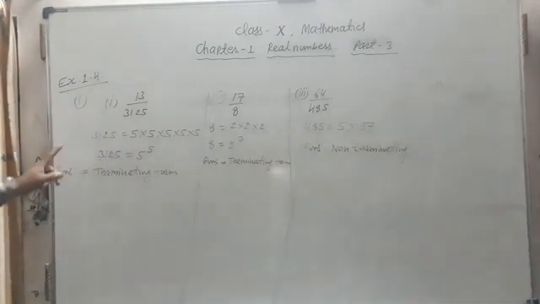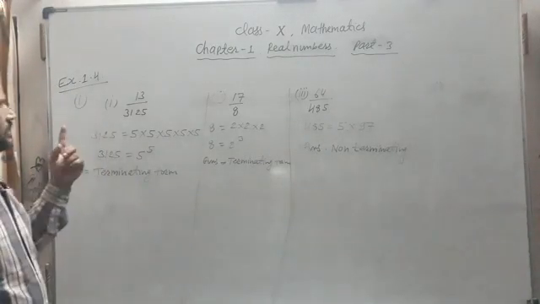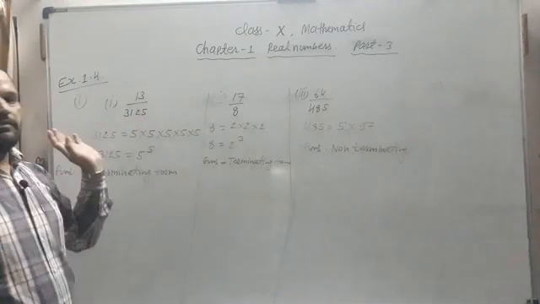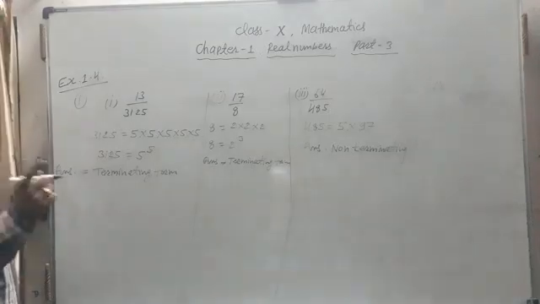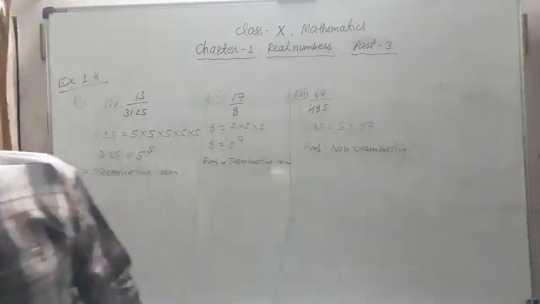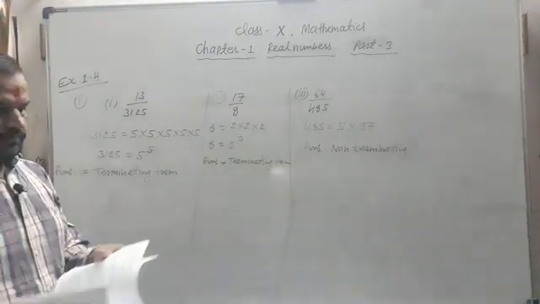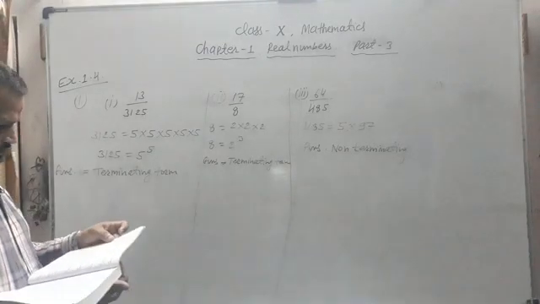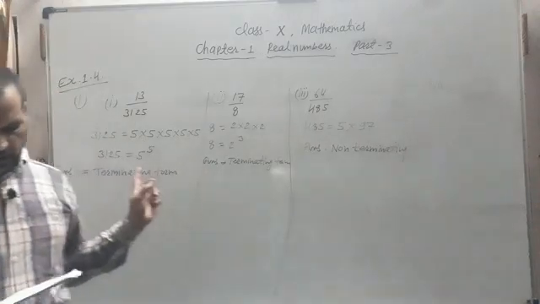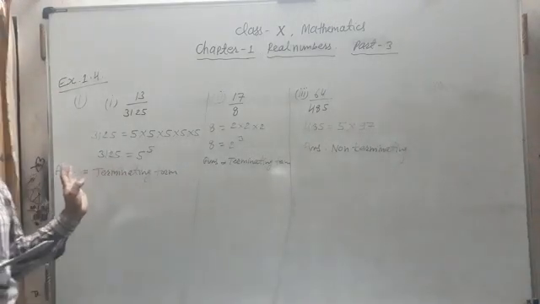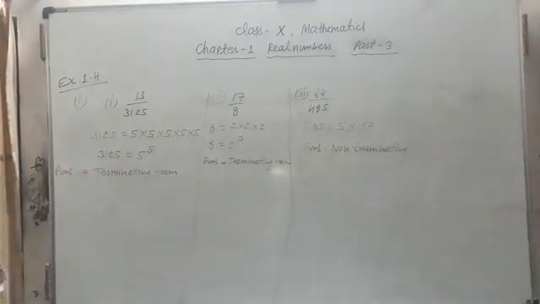If we have to find the decimal form of this number without division, in the second question we have to find the decimal expansion of the number which has a terminating decimal expansion.